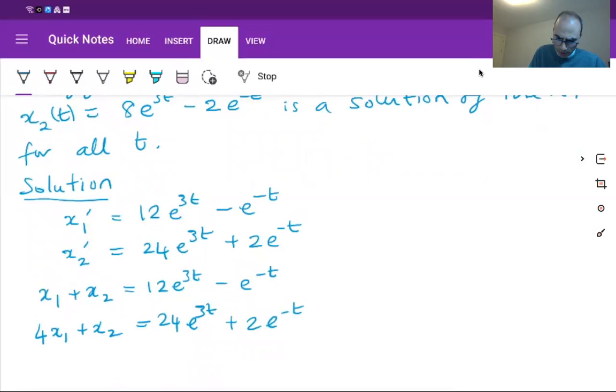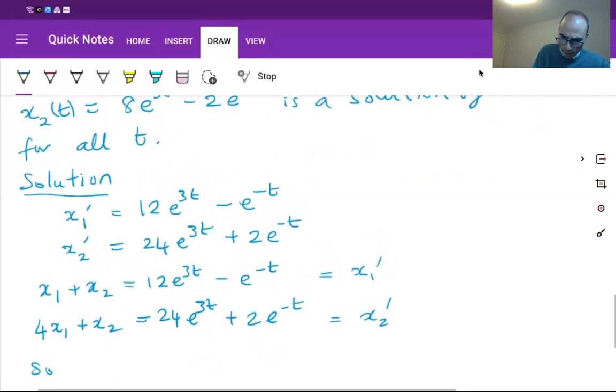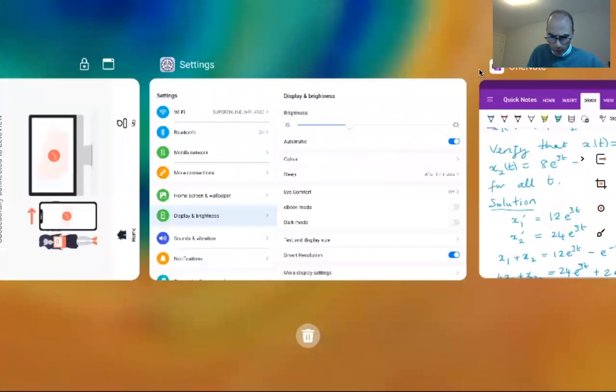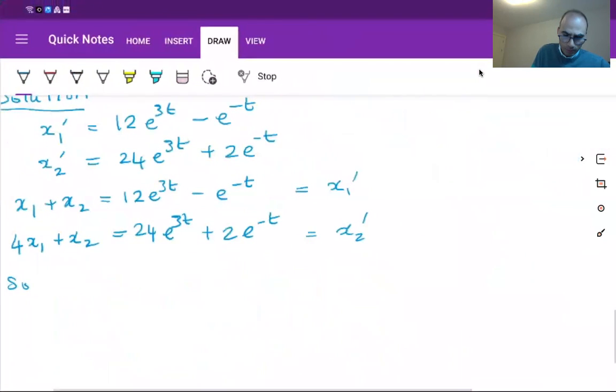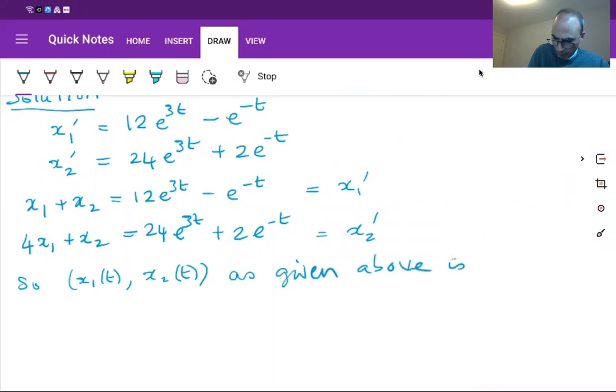And we can see that this one is precisely equal to x1 prime, and this is precisely equal to x2 prime. So we can see that x1 and x2 satisfy the equations. So x1 and x2 given as above is a solution of the system.